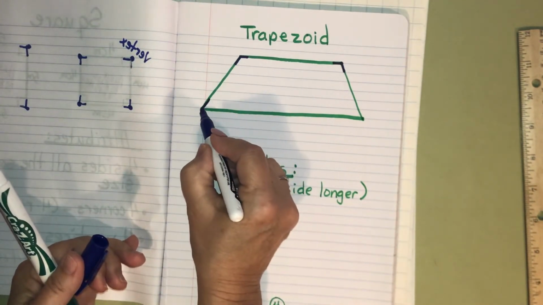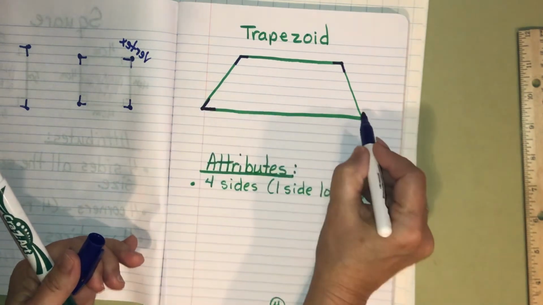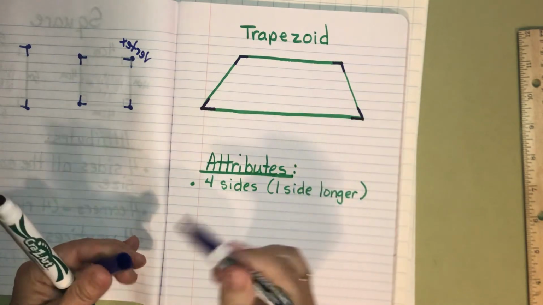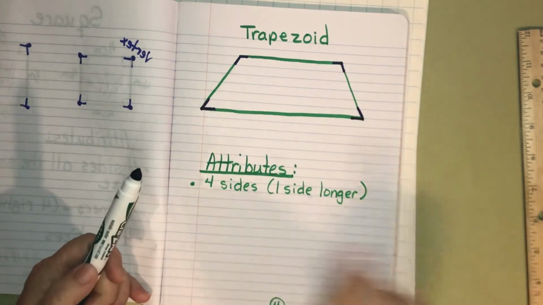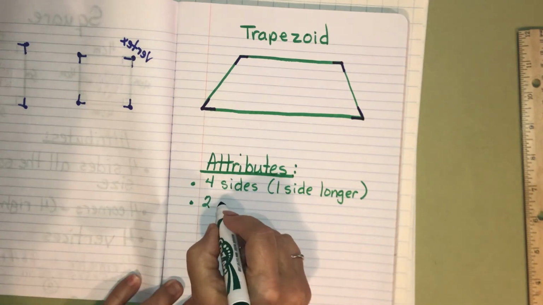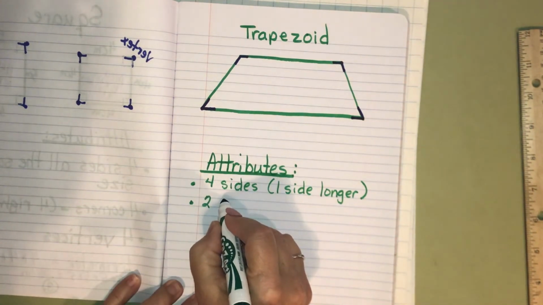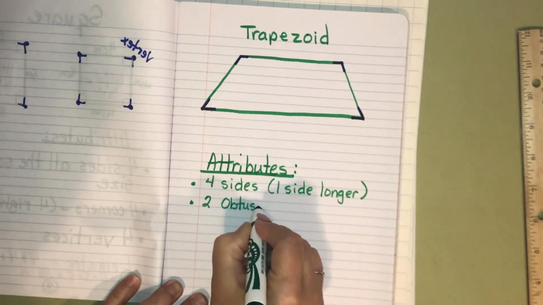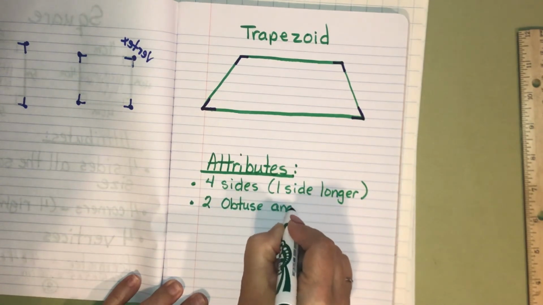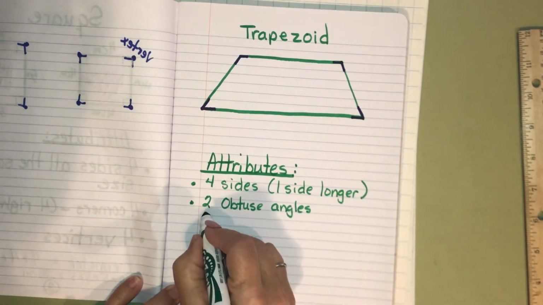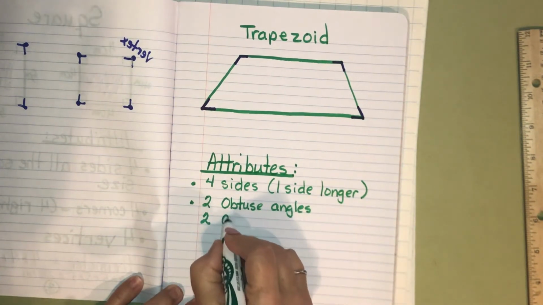And over here, these would be acute angles. So one of the attributes is that it has 2 obtuse angles and 2 acute angles.